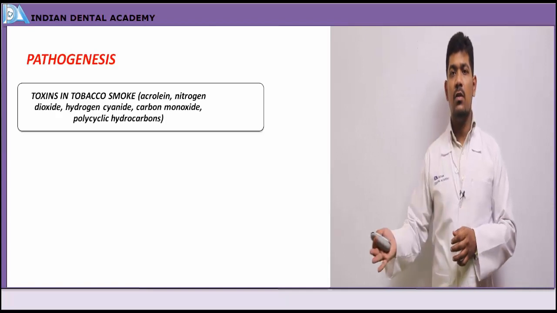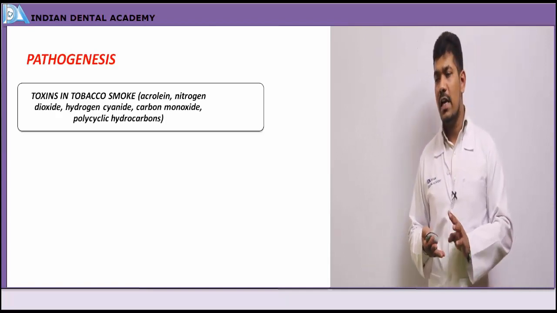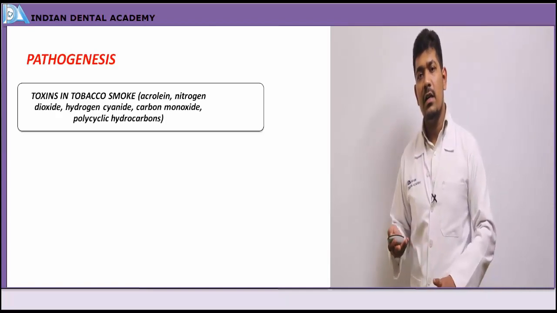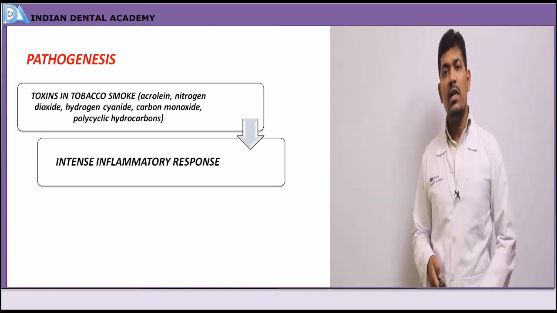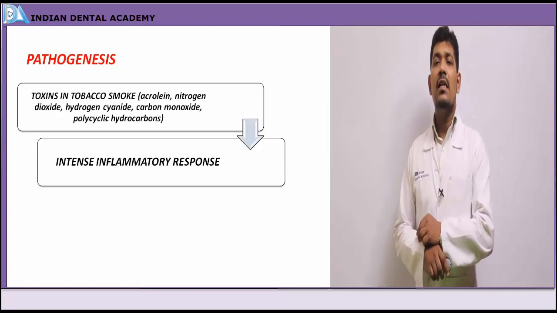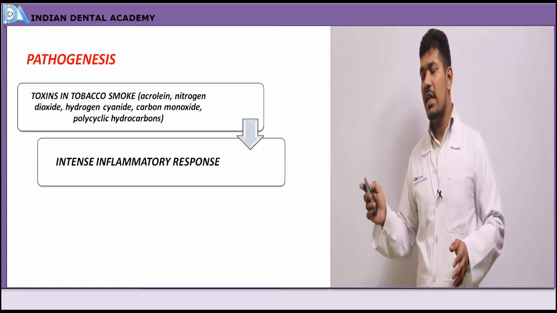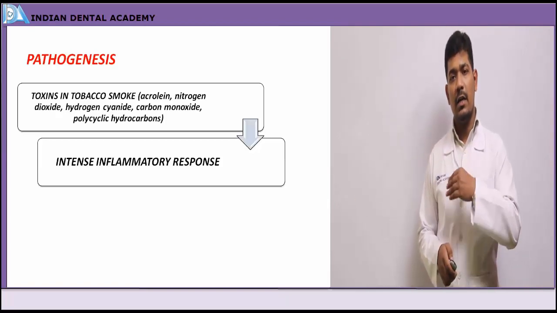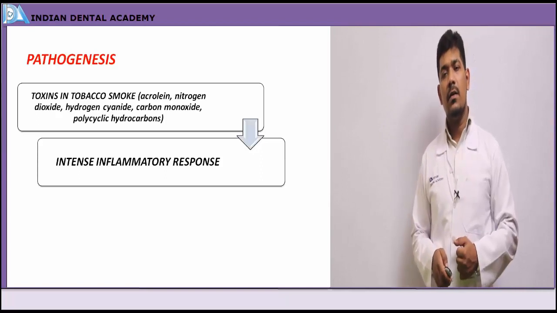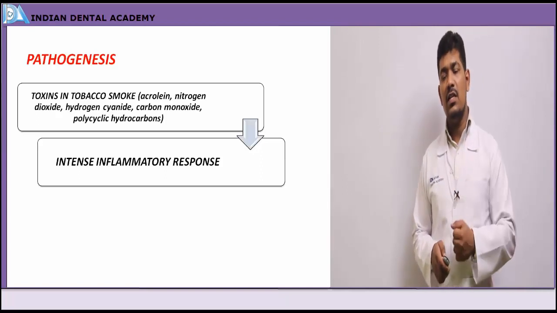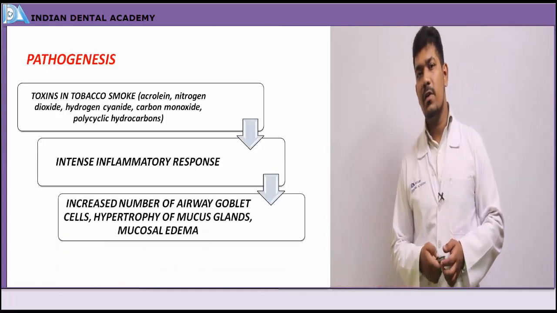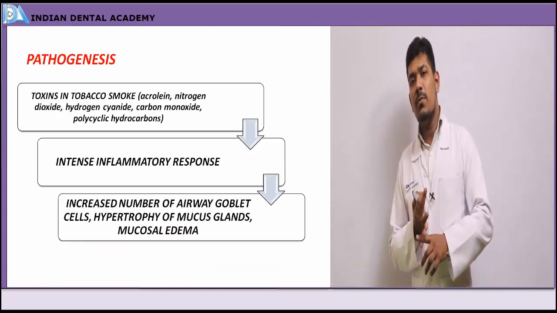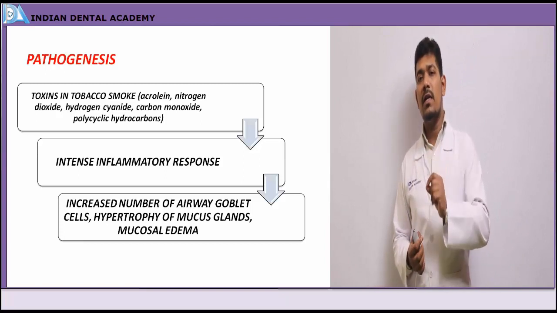So the pathogenesis is straightforward. For all the toxins present in tobacco smoke or allergens or inflammatory agents which are known as etiological factors for COPD, there is intense hyperresponsiveness of the body against these insulting agents or foreign agents, and hence there is a hypertrophy and hyperplasia of goblet cells.